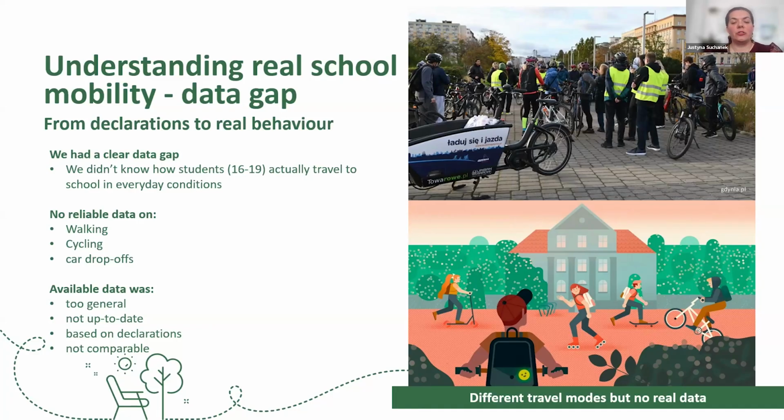And the data we had was too general, not up to date, and mostly based on declarations, and not the real data. So, for example, we could say how many students declare they cycle, but we didn't know exactly if they actually do it every day, or only when the weather is good, or maybe it's once per month or something like that.